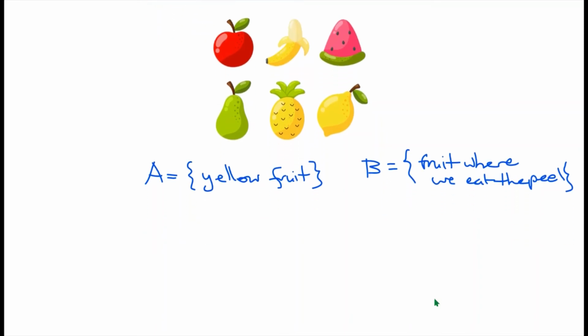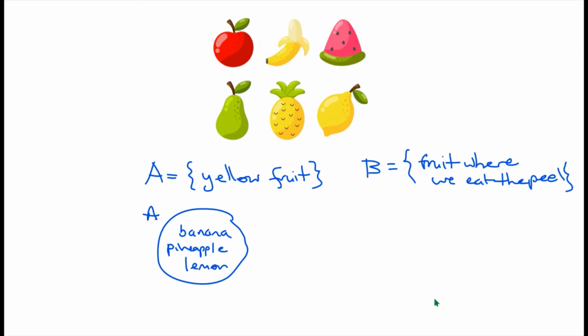You can see that we can draw a picture of all the yellow fruit. Okay, this is the set A. And what's in the yellow fruit is banana, pineapple, and lemon. Okay, and in B, the fruit where we eat the peel, we'll call this set B. So I'm making a circle to represent the set.